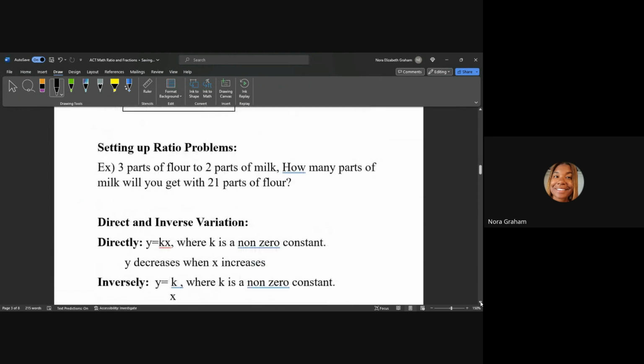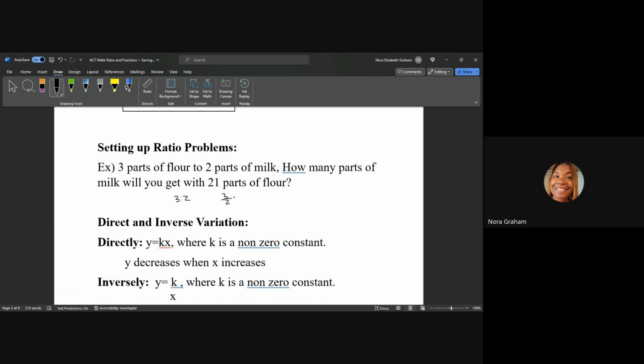We're also going to be setting up ratio problems, okay? For ratio problems, order does matter. So this one, they say 3 parts of flour and 2 parts of milk. Remember, we're going to just write that as a ratio. We can write it as 3 to 2, where 3 indicates my parts of flour and 2 indicates my parts of milk. Or I can write it as 3 over 2 as a fraction. So for example, if they give me 21 parts of flour, how much milk am I going to need?